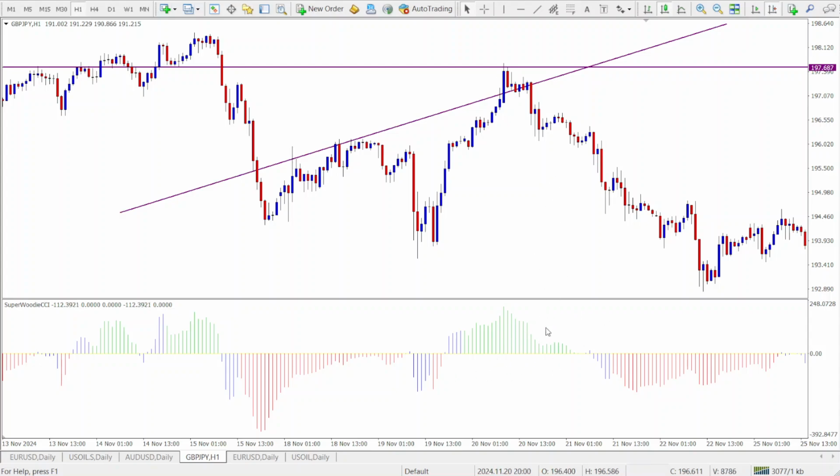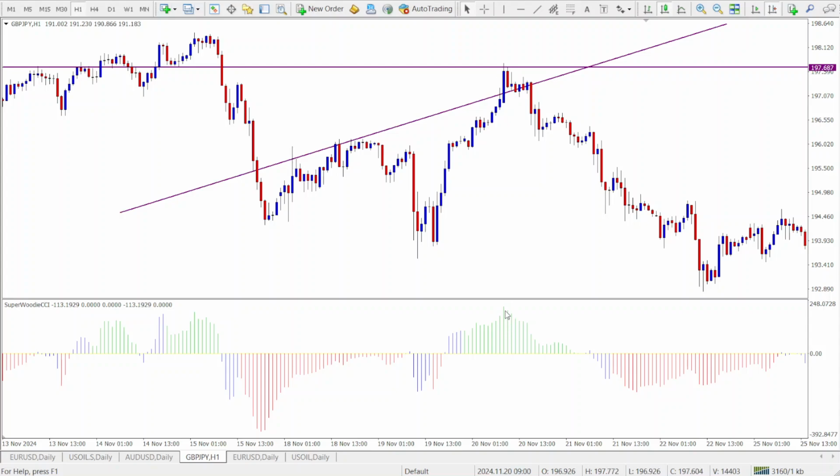Then when you want to use the Super Woodie CCI indicator to predict a reversal point or your exit point, wait for the longest histogram bar to form. This is an exit strategy using the Super Woodie CCI.